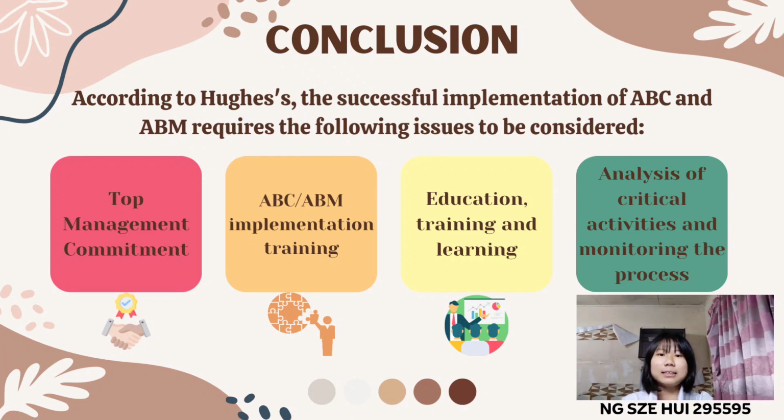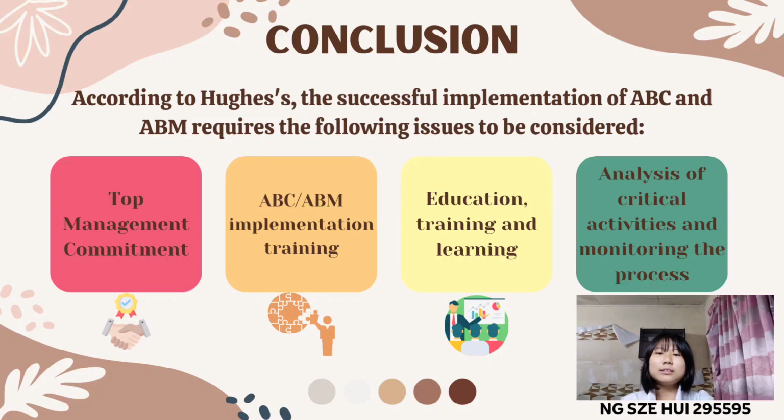Secondly, ABC or ABM implementation training by universities, researchers, and academics through workshops and seminars. ABC or ABM implementation training sessions should be given to students so students can have a better understanding of ABC and ABM before they graduate and go to work.